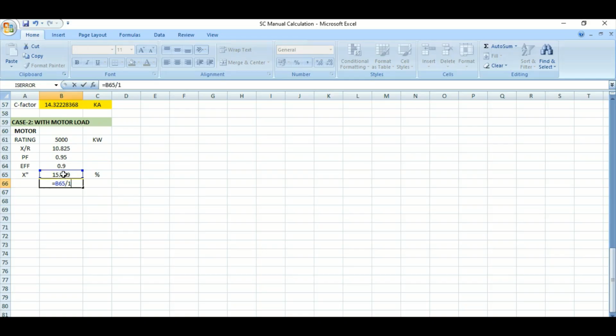If it is in per unit value, then this is divided by 100. This is per unit value, 0.15319.